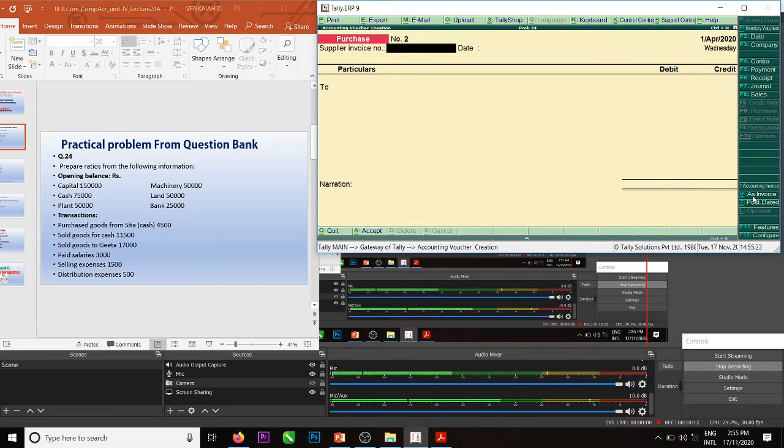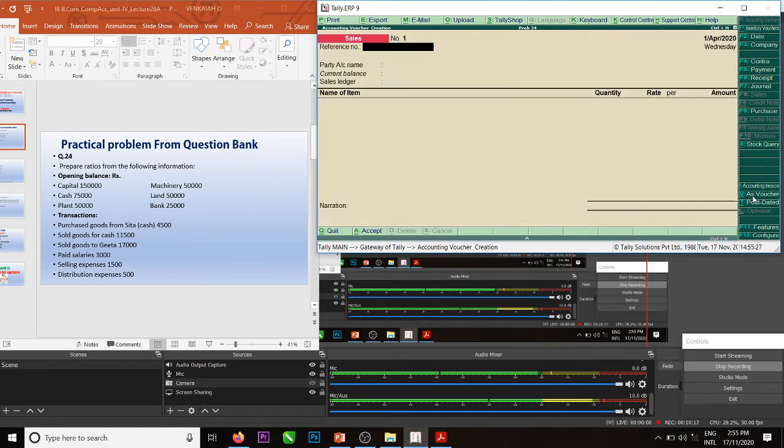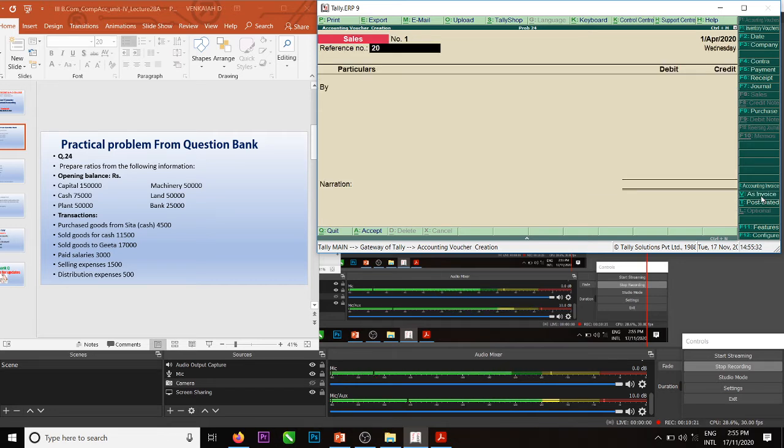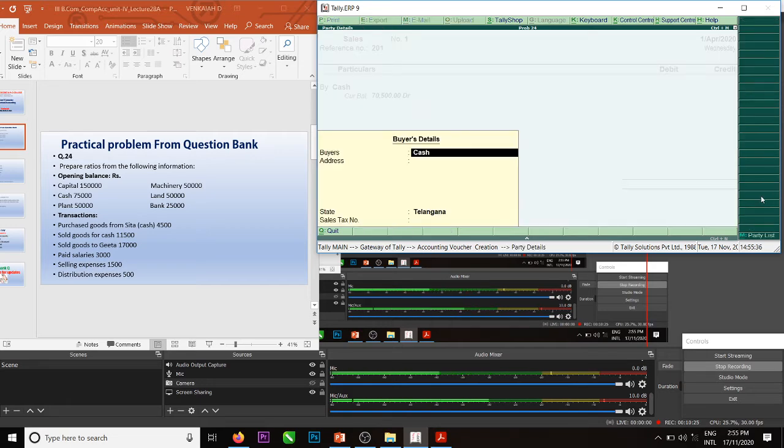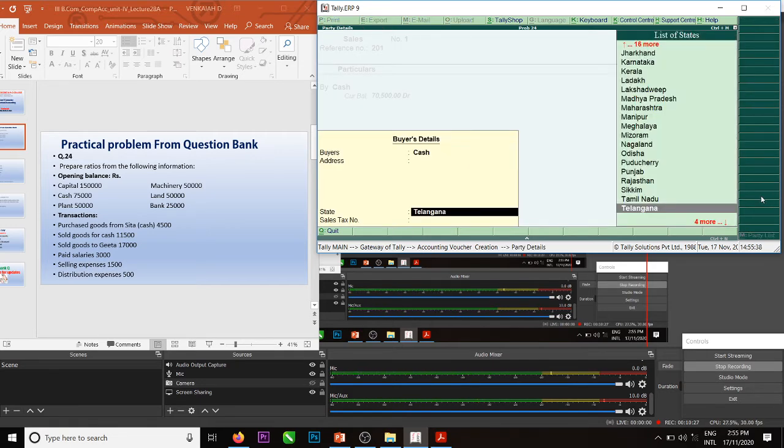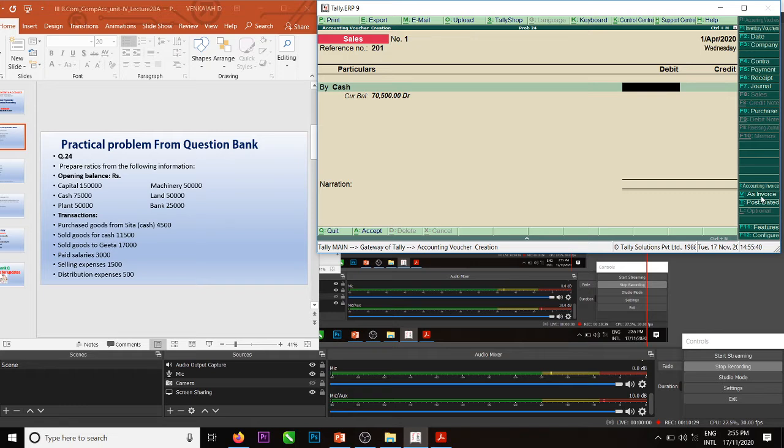Next to sold goods for cash. F8 sales as a voucher. Reference number 201. Cash. Cash sales are 11,500.